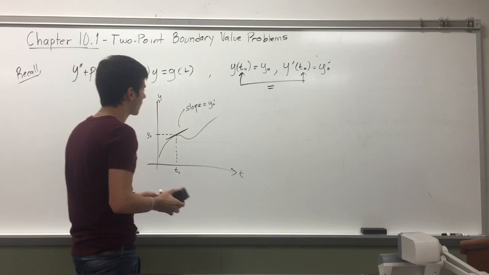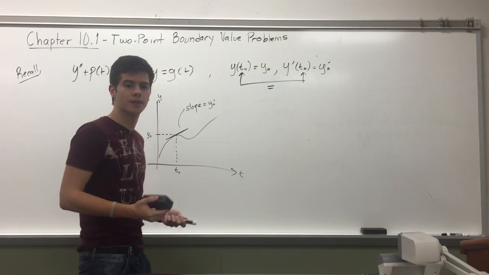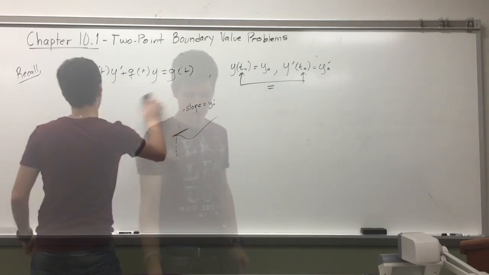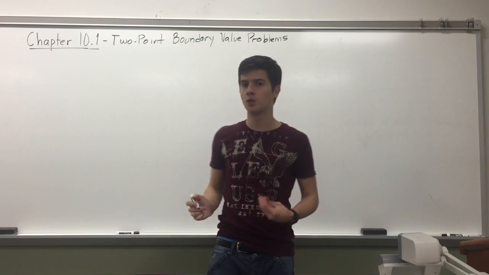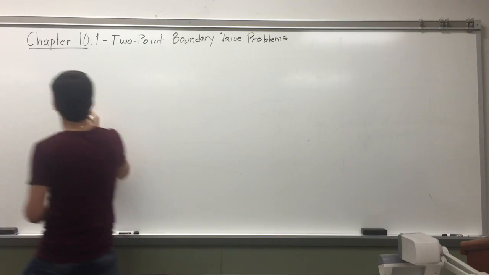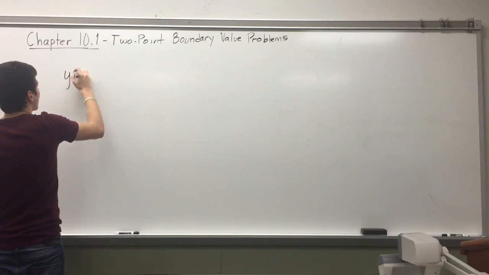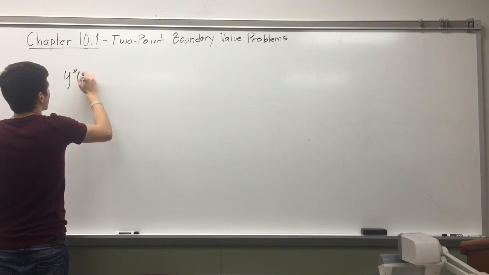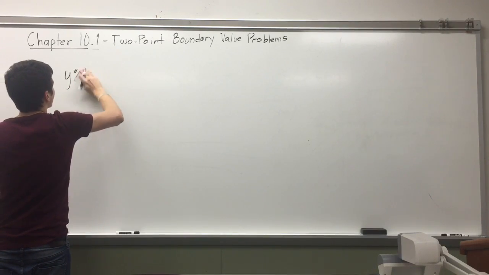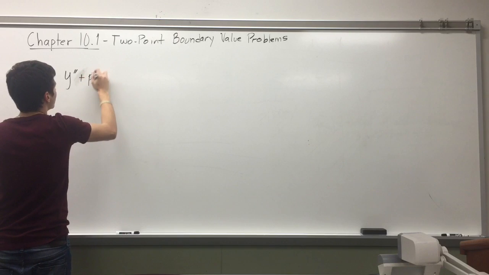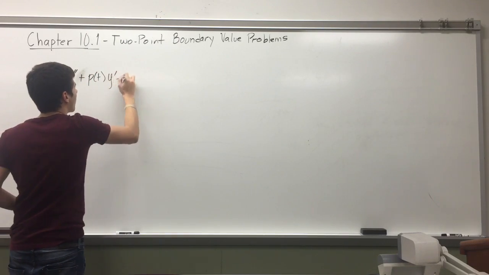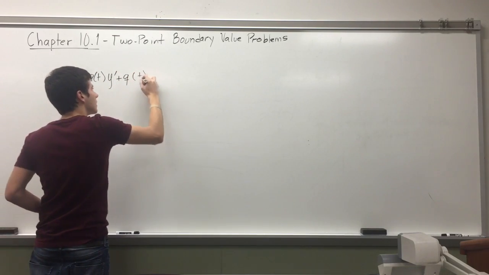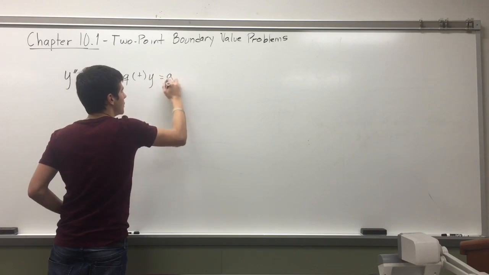This is how we usually used to solve initial value problems, but when we're solving two-point boundary value problems, here's what's different. We usually have the same y double prime plus p of t, y prime plus q of t times y equals g of t.